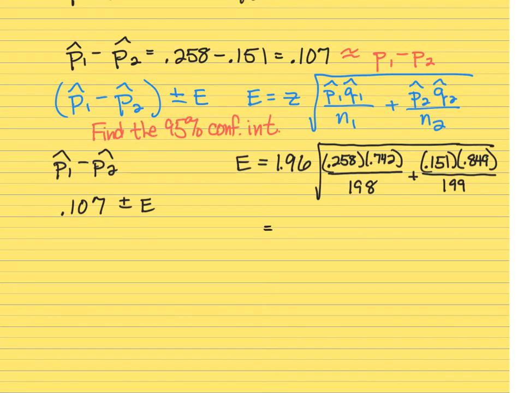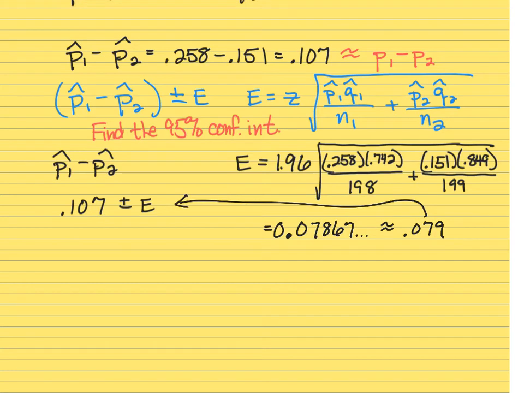Let me throw that into my calculator. And so I get, if everything went correct, 0.0786. It keeps going, of course, but we're going to go ahead and round that off to 3 decimal places. So 0.079 is what we'll use as our error.